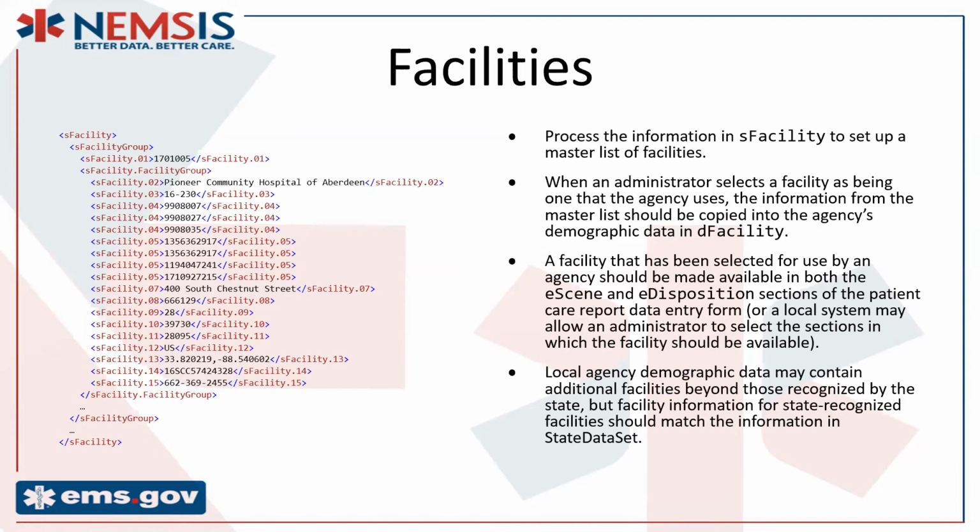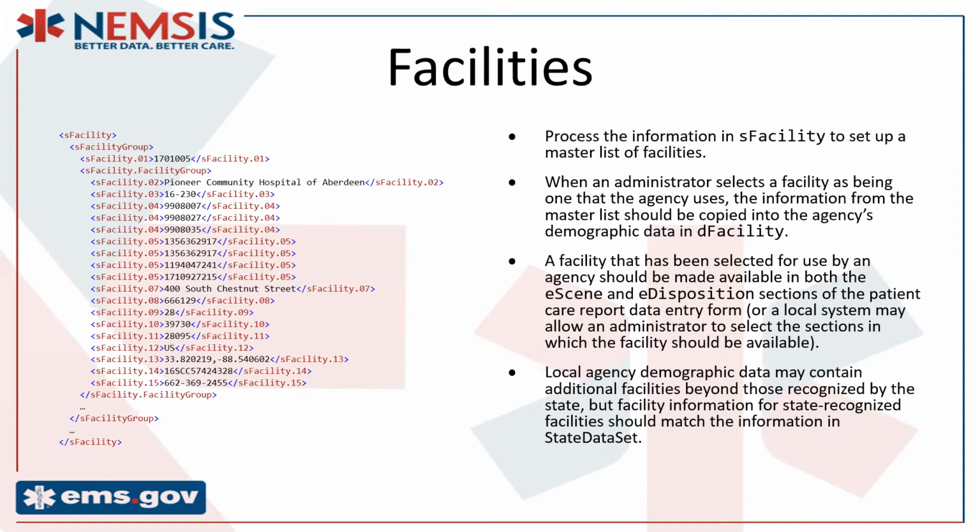They either pick up patients there or they transport them to there. So when you export demographic data to the state, you should be telling the state which facilities your agency, the customer of yours, works with. So it's going to be that subset of all the facilities that the state might recognize.